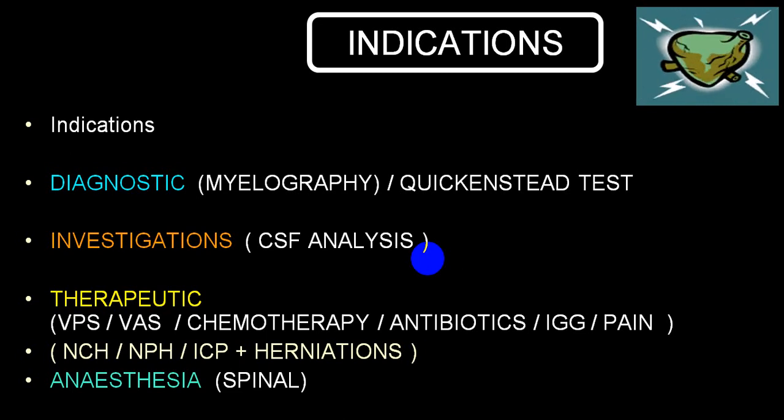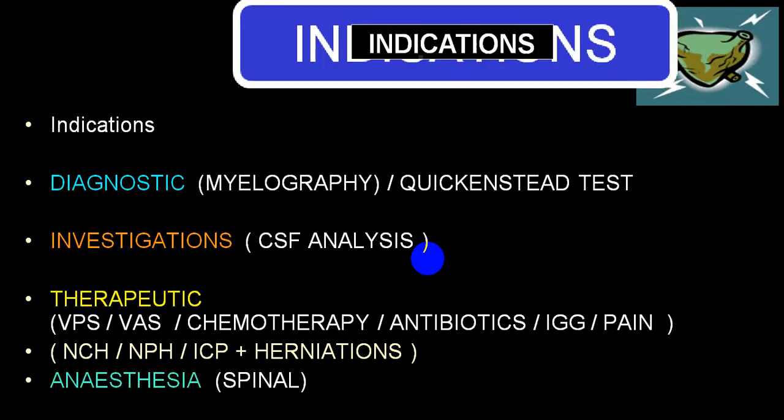So in case of a non-communicating hydrocephalus, normal pressure hydrocephalus, and raised intracranial pressure with herniation, it is absolutely one of the major indications for therapeutic purpose in these conditions. And while giving spinal anesthesia, again this is a mode of giving spinal anesthesia.